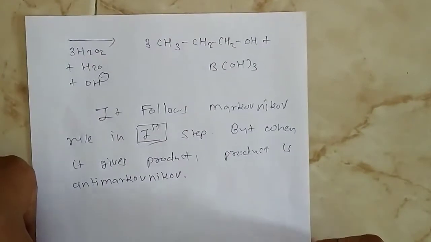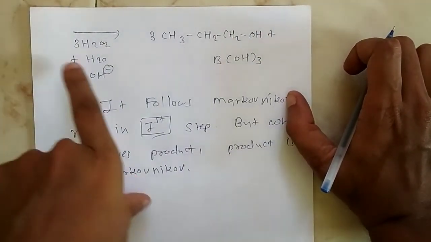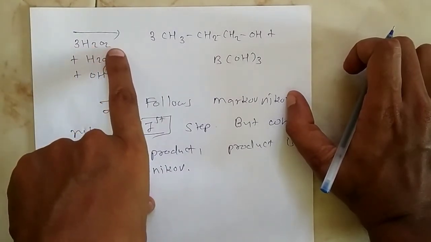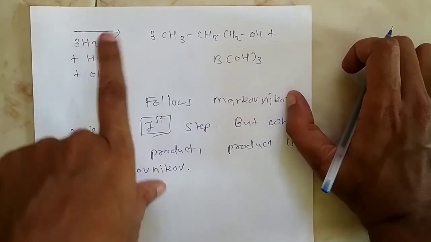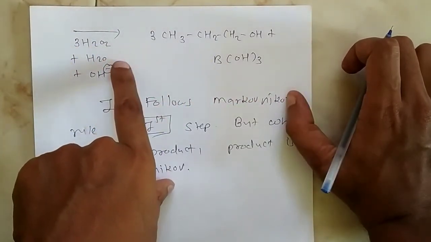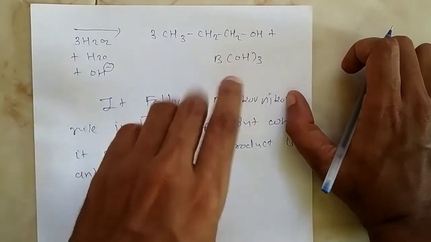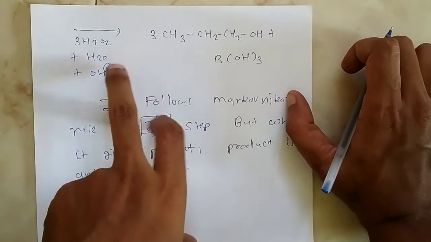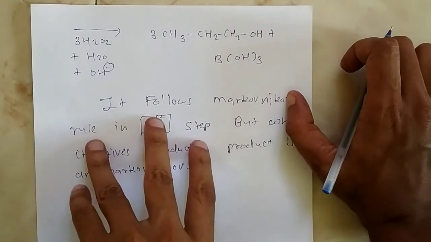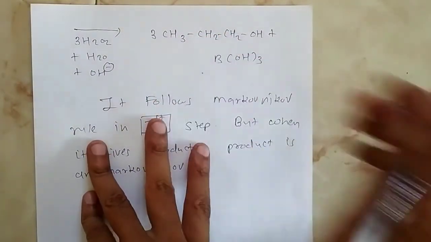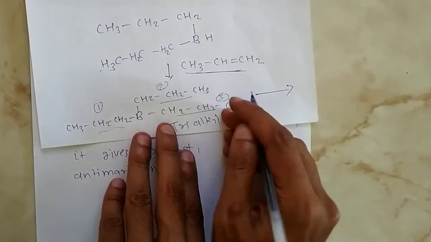Now step 2. What is step 2? You have to react hydrogen peroxide here for oxidation, in presence of water and a base. Hydrogen peroxide, water and base, these three reagents you have to use. So what will it give? You can see boron has 3 alkyl groups here.